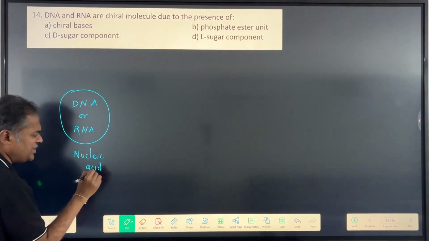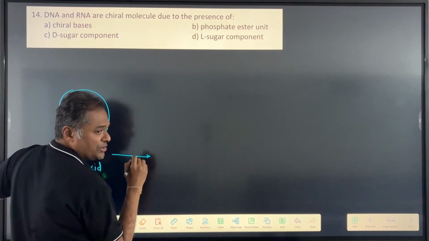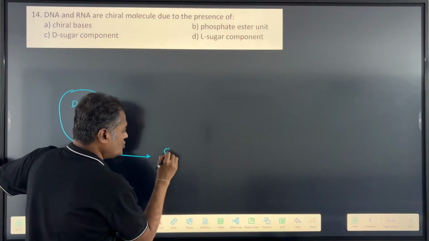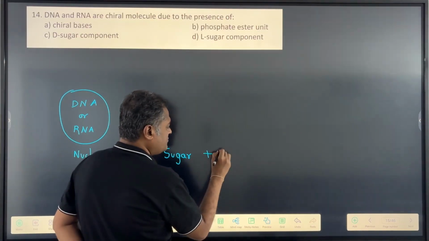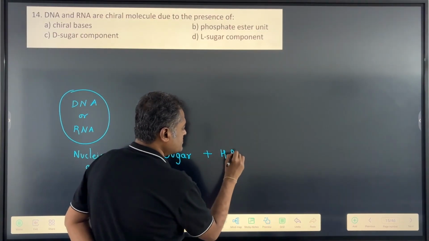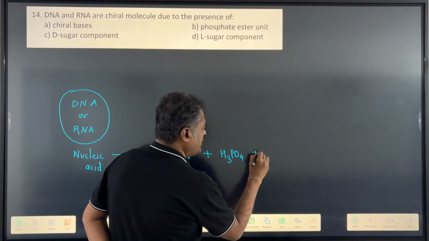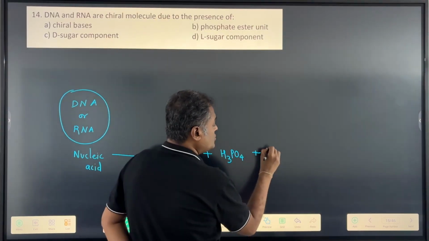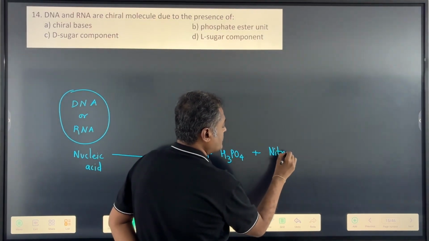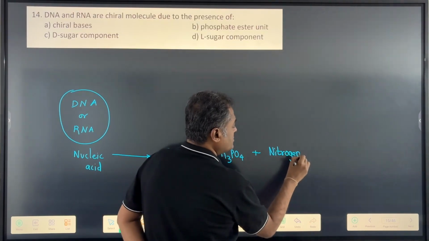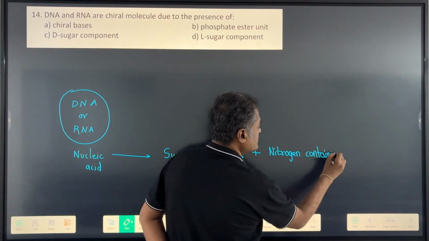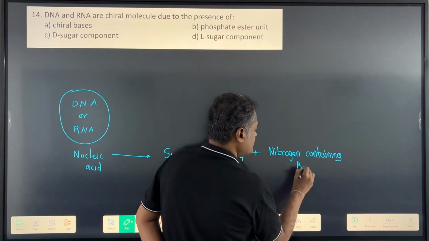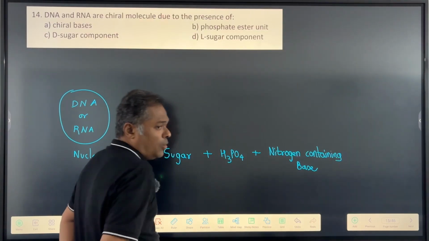Now, basically nucleic acid is made up of only 3 units. First, it is the sugar. Second, it is a phosphoric acid. And third unit, it is nitrogen containing bases, correct?